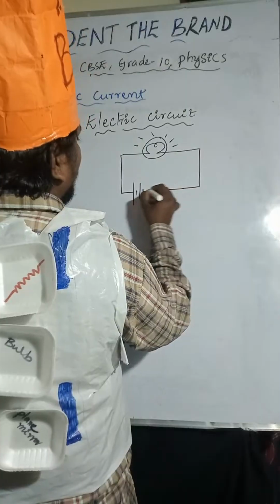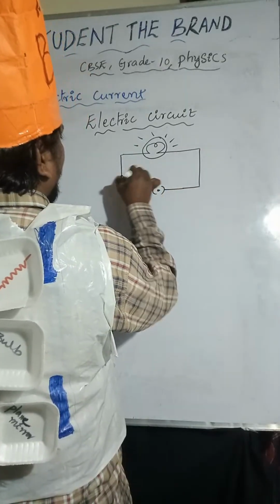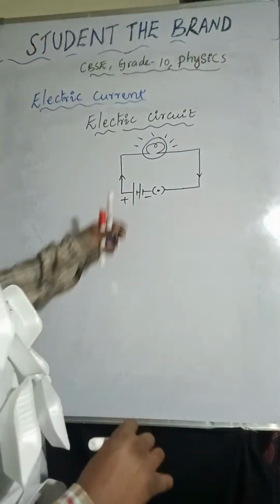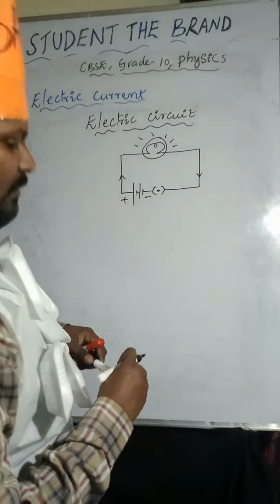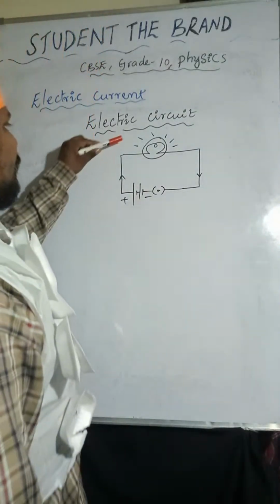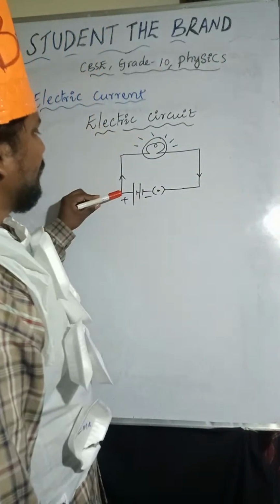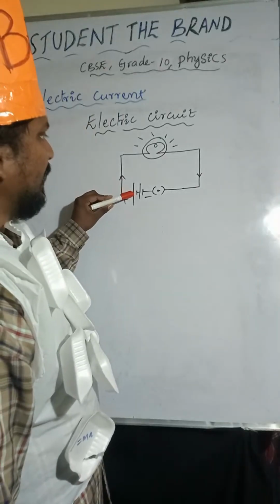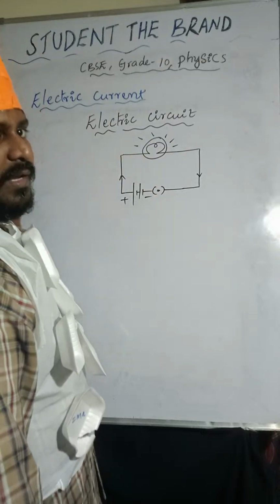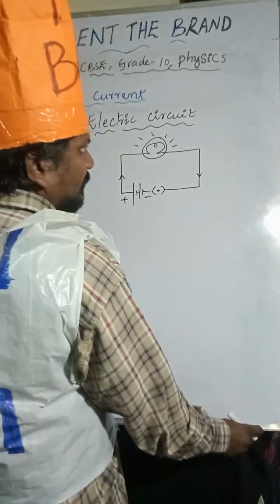So current is passing, positive terminal, negative terminal. So the bulb is glowing. Okay, so here you can observe the bulb glowing, this battery, switch.